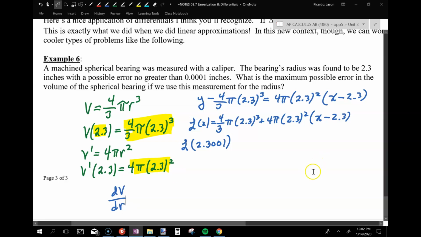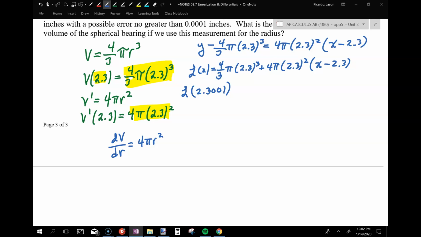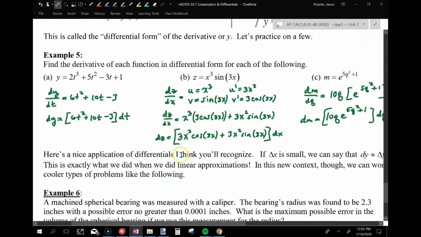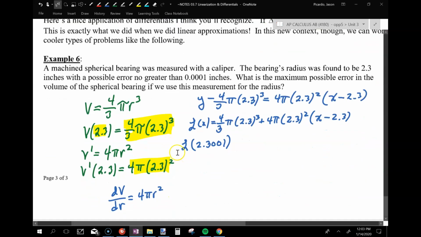If I called it dV/dr, the derivative would have still been what? 4 pi r squared. Do we agree with that? Okay. Well, could I write it in that form like we did up here? That differential form? Yeah, I'd write it like that, wouldn't I?